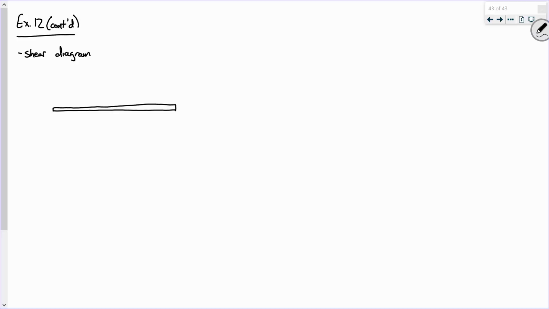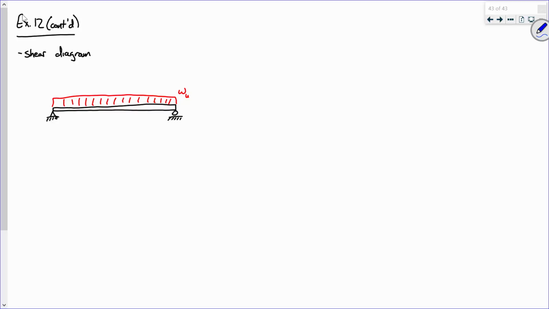We have a beam that looks something like this, and we have a distributed load. Now, we're going to keep everything symbolic, okay? So I'm going to say this distributed load is W sub U, okay? Now, we've got a support over here. We've got a support over here, and let's put some dimensions.